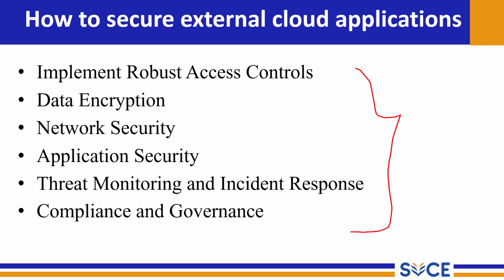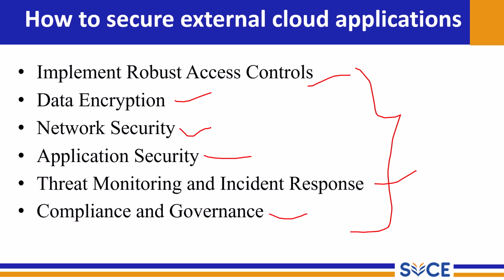First one, implement robust access control. Second one, data encryption. Third one, network security. Fourth one, application security. Fifth one, threat monitoring and incident response. And last one, compliance and governance. Okay. So here, implement robust access control.